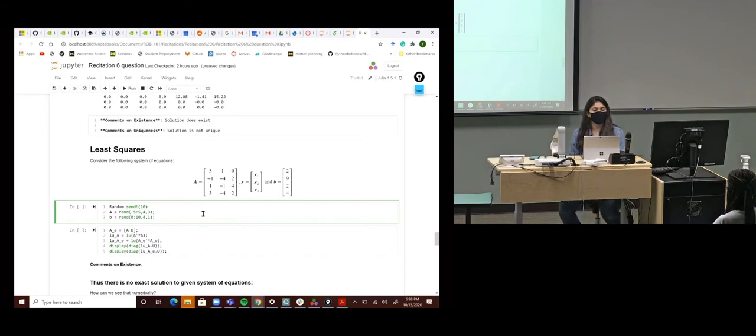Okay, so now that we've covered existence and uniqueness, we want to move on to least squares, right? So chapter 8 of our booklet, let's say we're given a system of equations, Ax equals b.